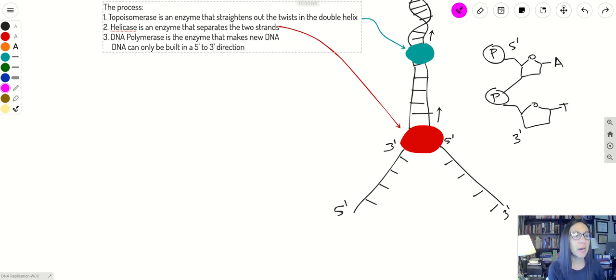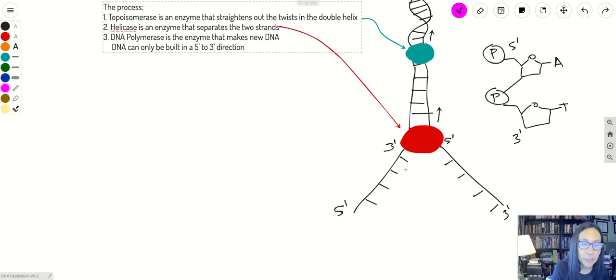Okay, and that is because just like I drew over here, you have your nucleotide and the top is the 5 prime, and you can only add the next nucleotide on the 3 prime end. Okay, so the DNA is being built like this. You can't put a nucleotide on the top here on the 5 prime. So it's always being built from 5 prime to 3 prime in that direction.